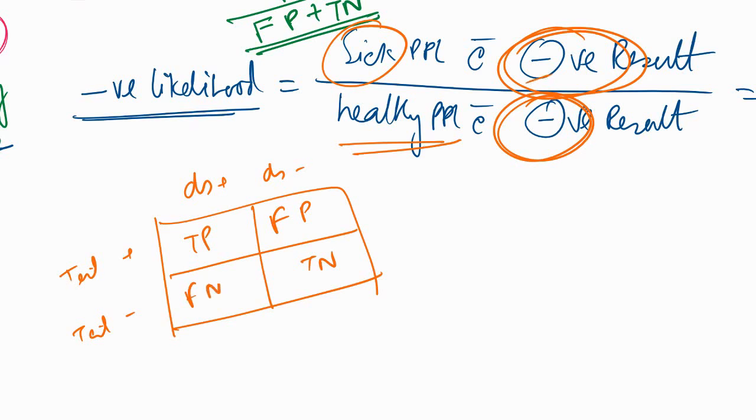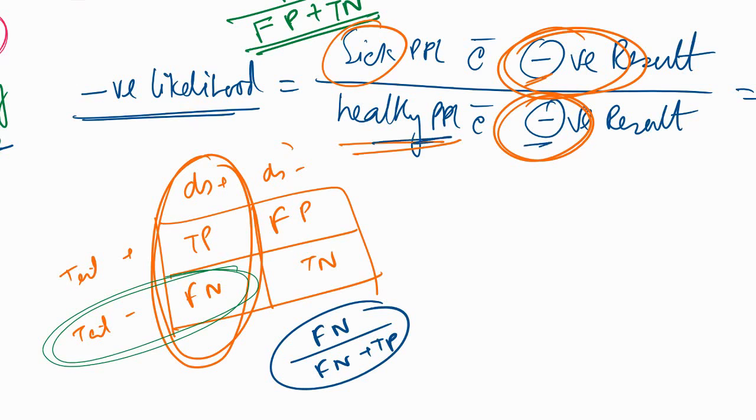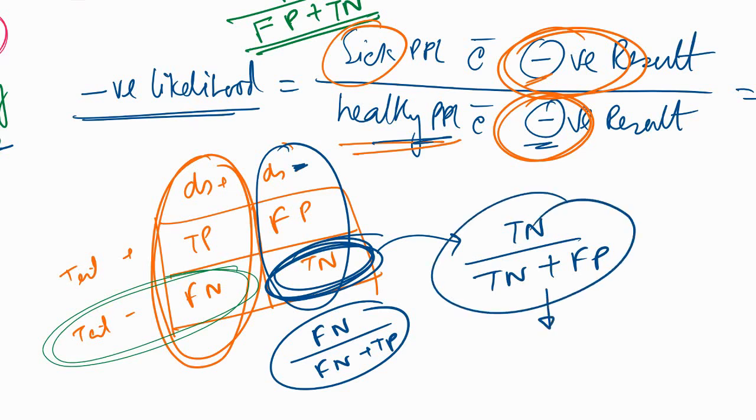Sick people with negative test result are the people who are sick and negatively tested, so the ratio will be false negative by false negative plus true positive. And healthy people with negative test result are the people who are truly disease negative. So the ratio will be true negative by true negative plus false positive. And this is specificity.